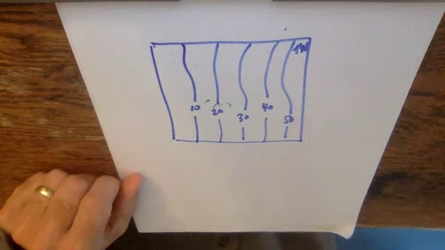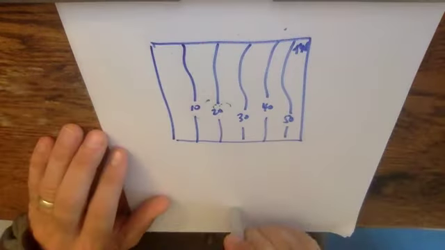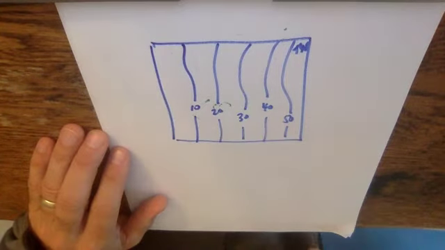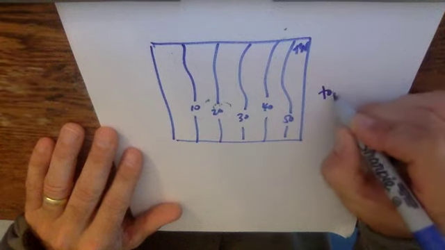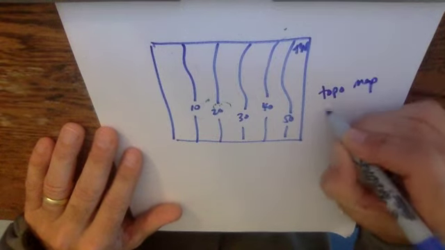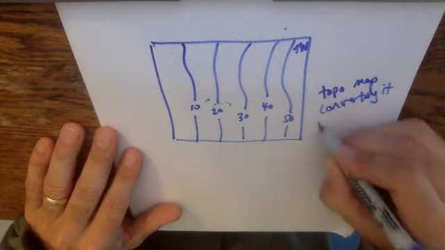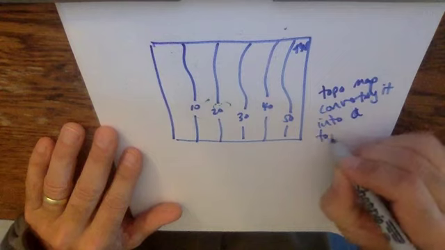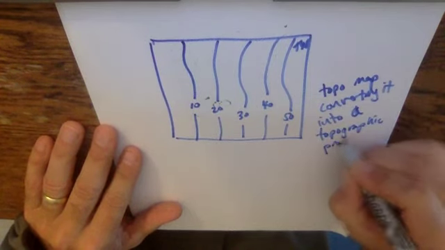And you want to know what that looks like, not just from looking down on it, but what if you were standing over here and you were looking sideways at it? What would that look like? Well, that involves taking a topo map and converting it into a topographic profile.